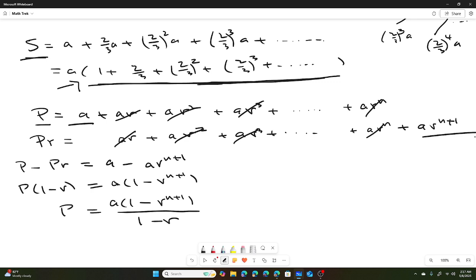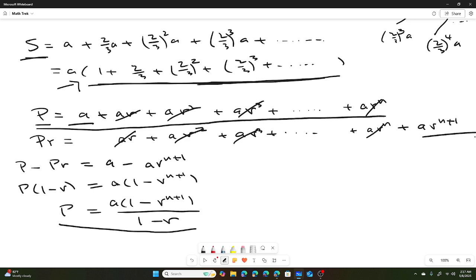Now, remember that this formula is for this finite sequence, but what we want is a value for S. In the S case, there is no terminating point. There's no r^n, no endpoint. We want to have no ending. We want to eventually set n to infinity.